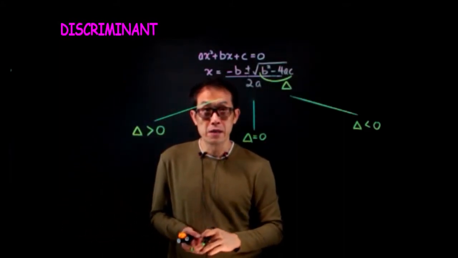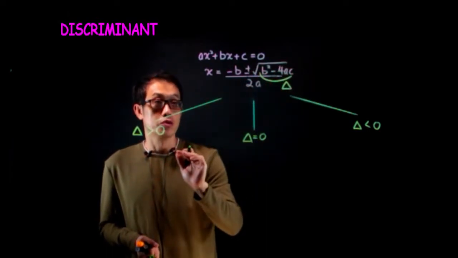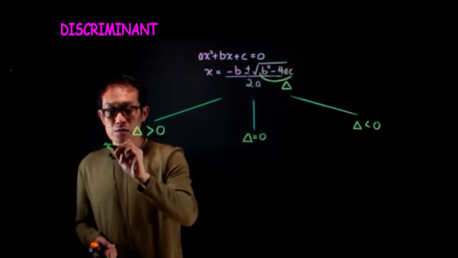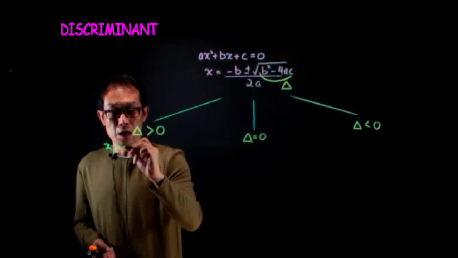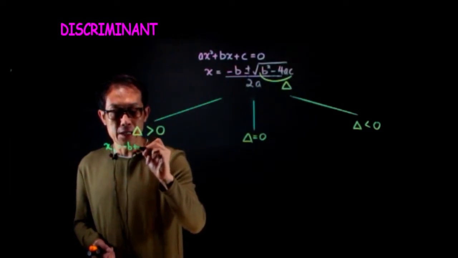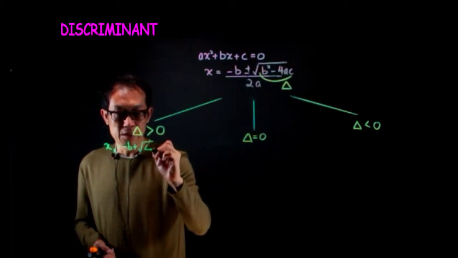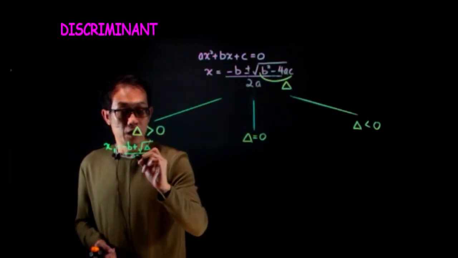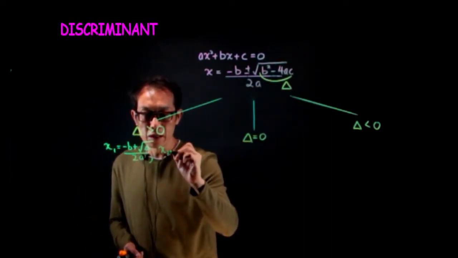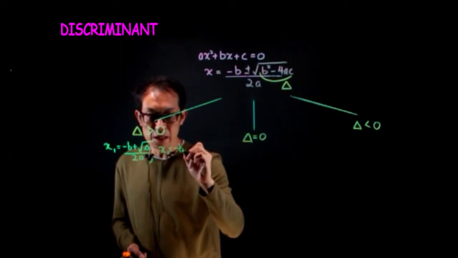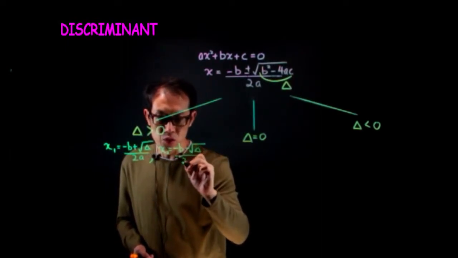what does it mean? That means you will have two roots. Why two roots? Your x will have two values. Let's get the first one, x1 will be minus b plus the square root of the discriminant over 2a, and the other one will be minus b minus the square root of the discriminant over 2a.